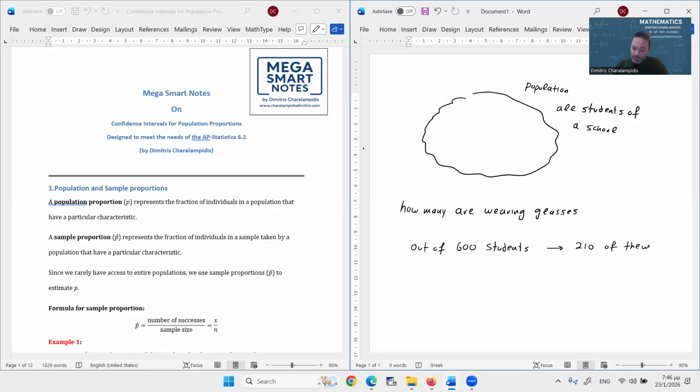If I use my calculator, it will create a proportion of 210 over 600, which is equal to 0.35. And remember that we use the P symbol to notate the true population proportion.